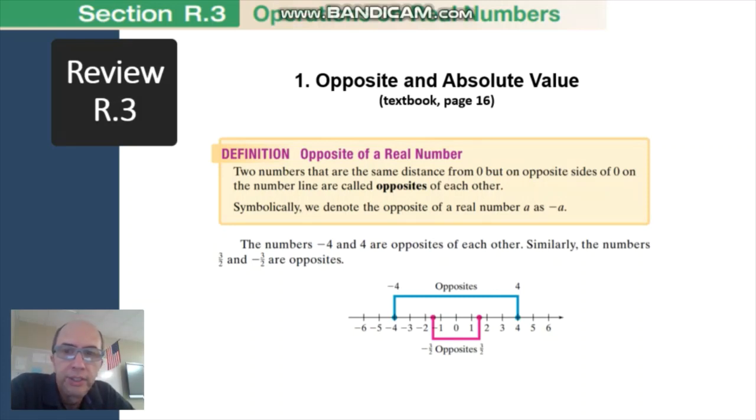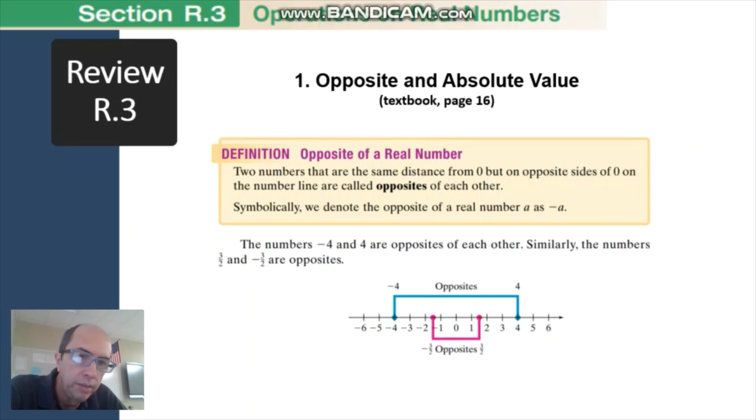First, some definitions. Opposite of a real number: two numbers that are the same distance from 0 but on opposite sides of 0. It's quite simple.